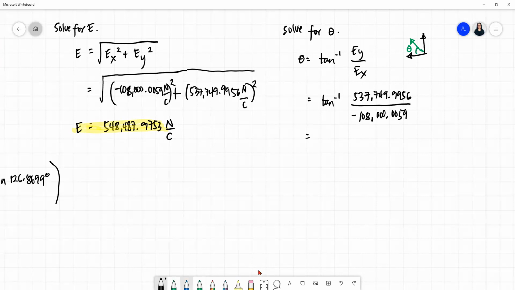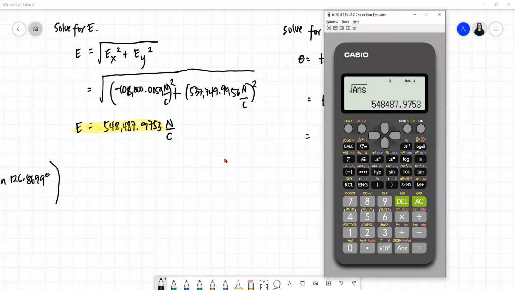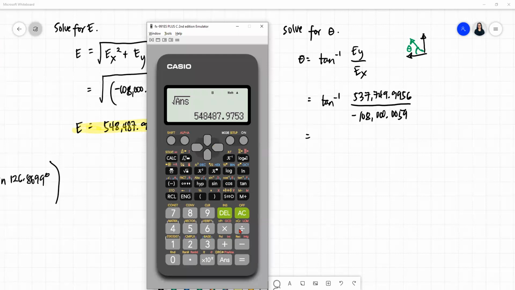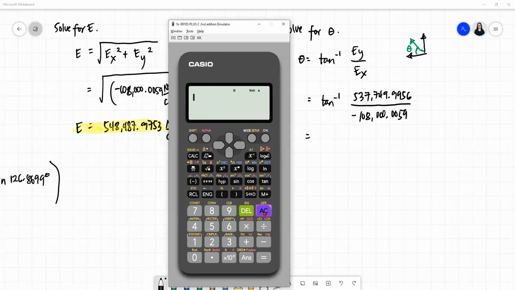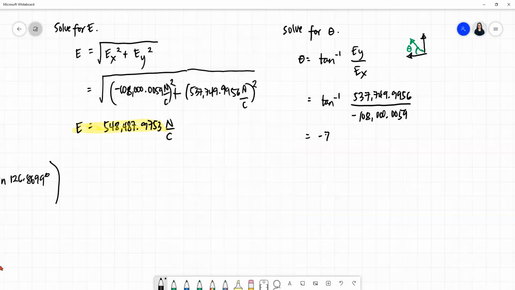The newtons per coulomb are cancelled out. That would be negative 78.644. It's negative because it's measured from the negative x-axis, and the rotation is clockwise.